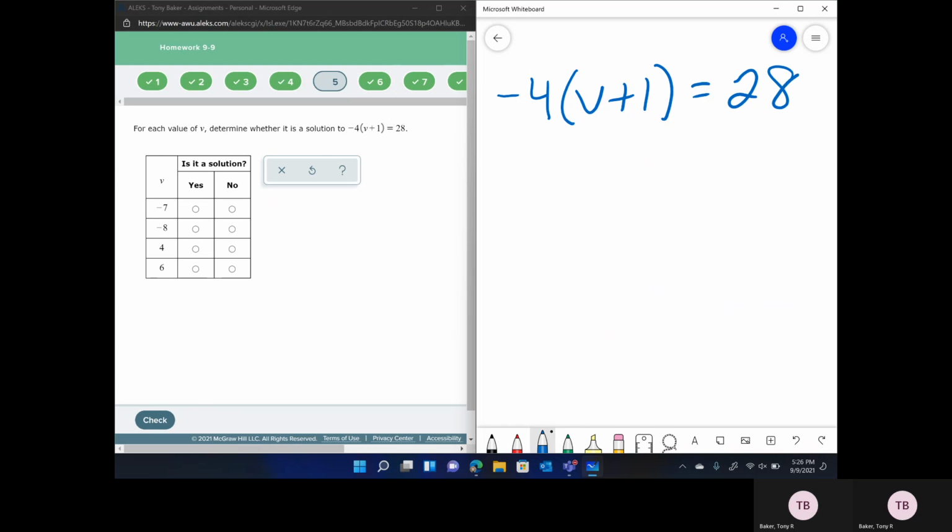When they're looking for solutions to a problem, they're giving you values: negative 7, negative 8, 4, and 6. So all they're asking you to do is plug those numbers into the equation and find the answer. Find out which one's the solution.